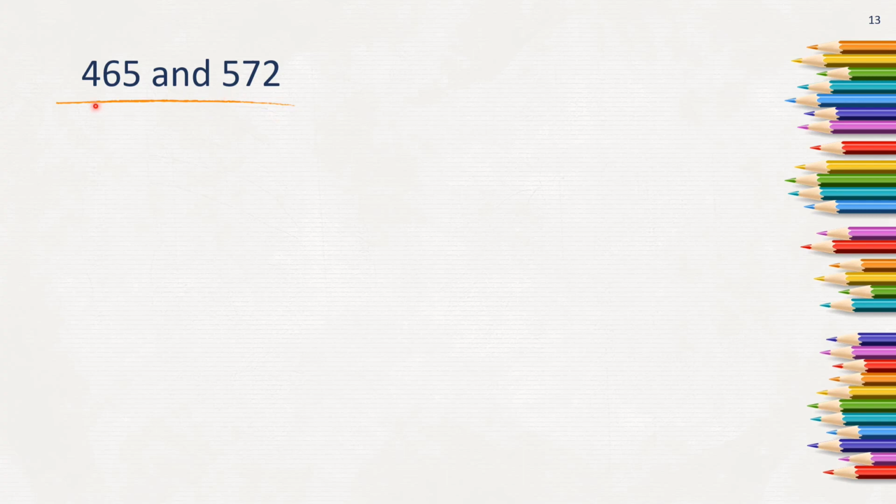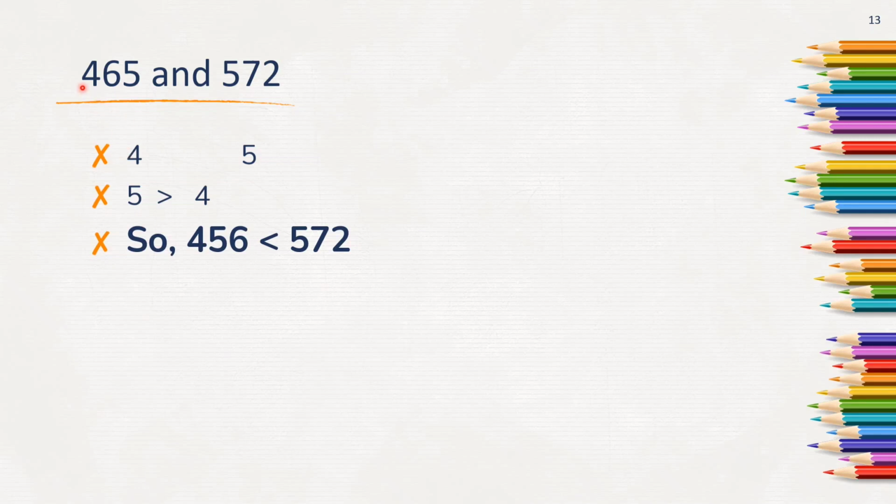So when you compare 4 and 5, 5 is greater than 4. So 465 is lesser than 572.